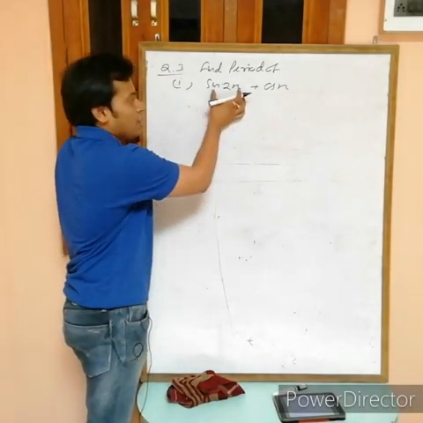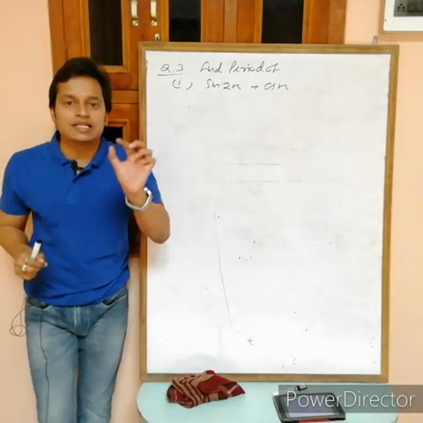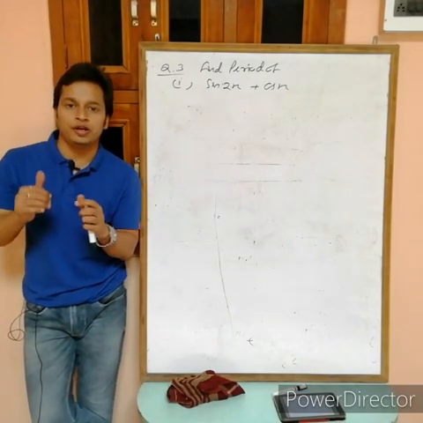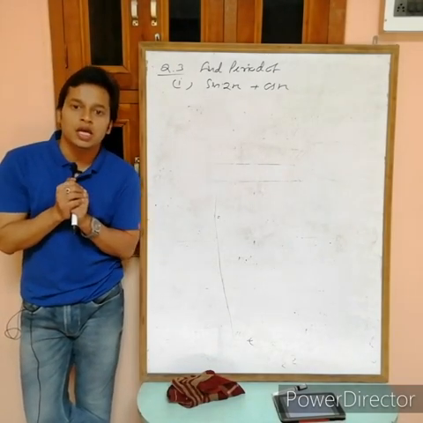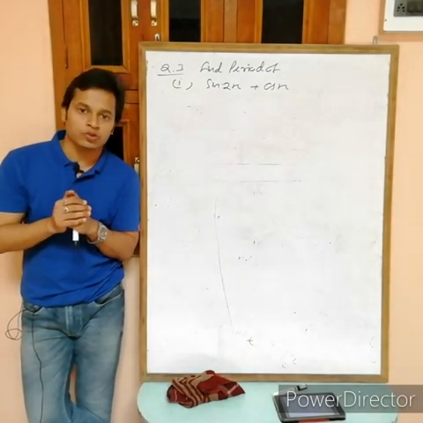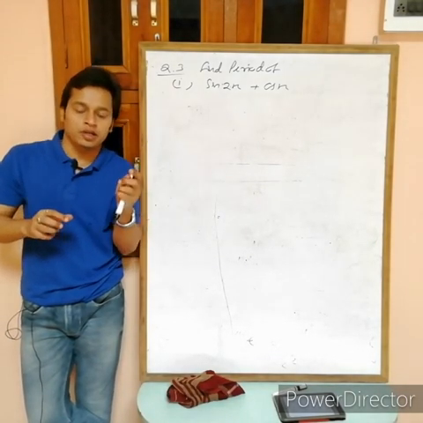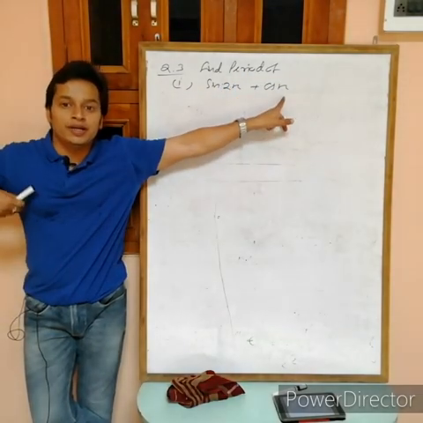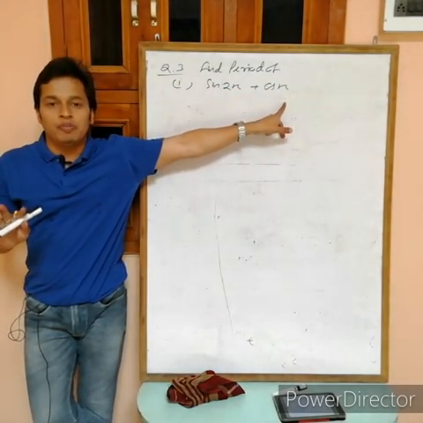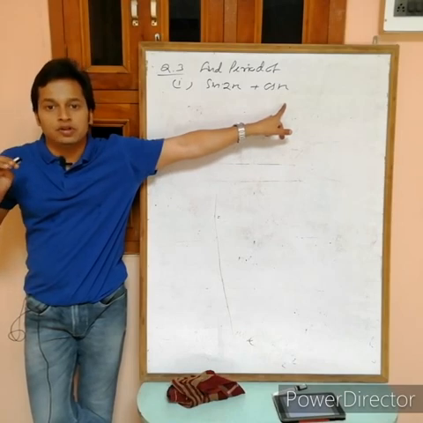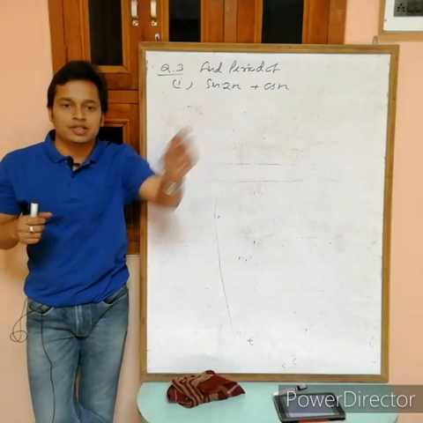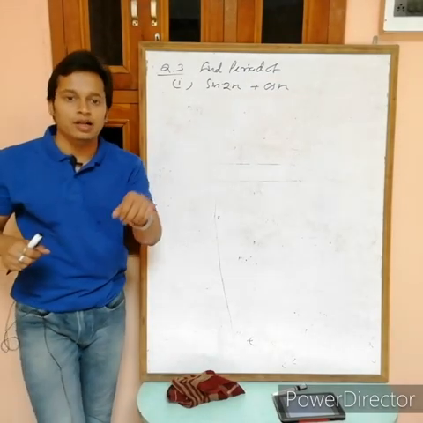First, if f(x) has a period T1 and g(x) has a period T2, then the period of f(x) plus g(x) is the LCM of T1 and T2. So if you want the period of this function, first find the period of this one and the period of this one, and then take the LCM. And remember one thing, that the LCM need not be the fundamental period. It is not necessary that the LCM is the fundamental period.